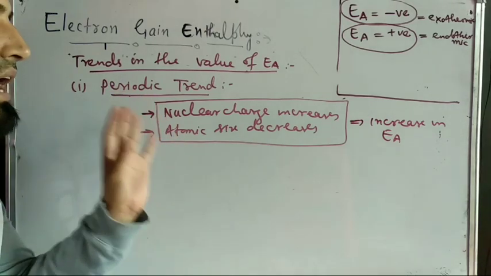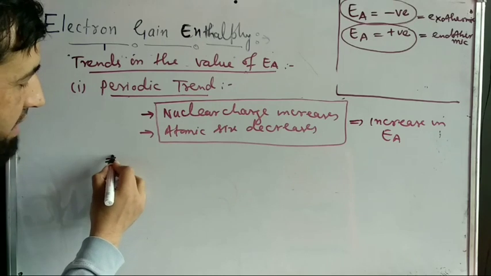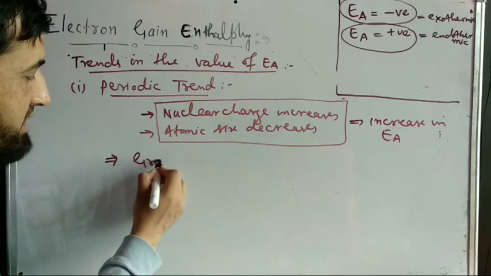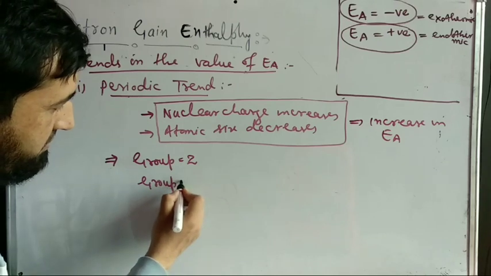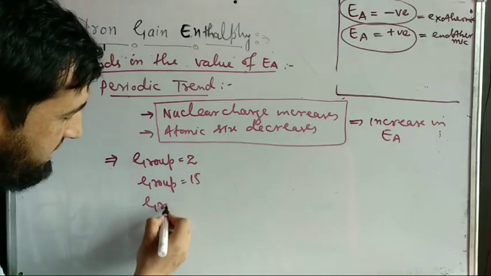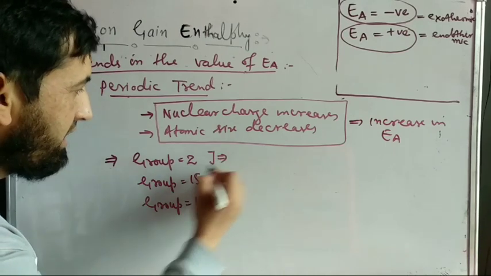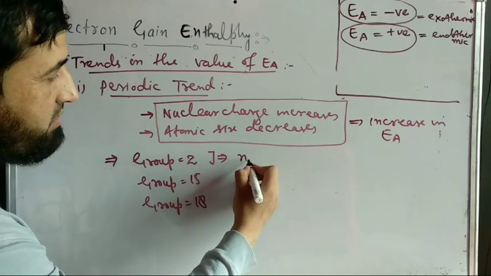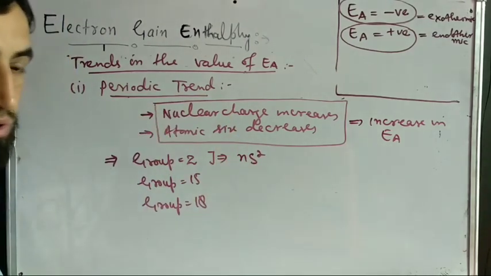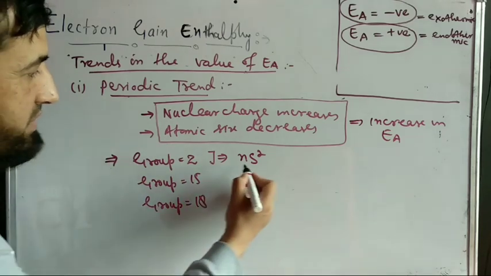However, on moving across a period, some anomalies are observed. Particularly, the anomalies are observed for the elements of group 2, group 15 and group 18. If we talk about group 2, all the elements of group 2 have the valence electronic configuration of ns2.